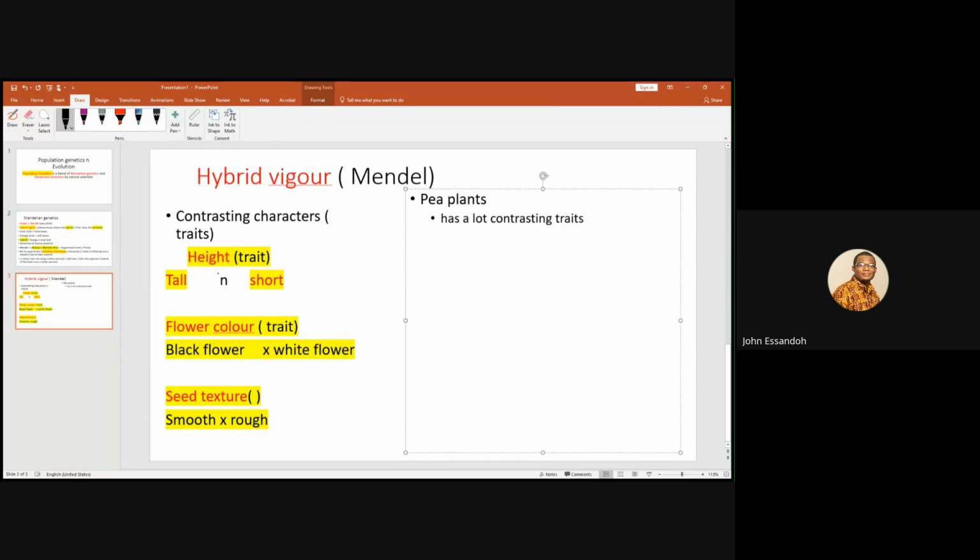That's one point. The pea plant can also undergo self-pollination, as well as cross-pollination.